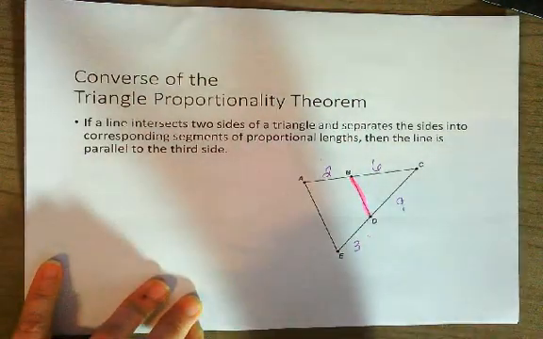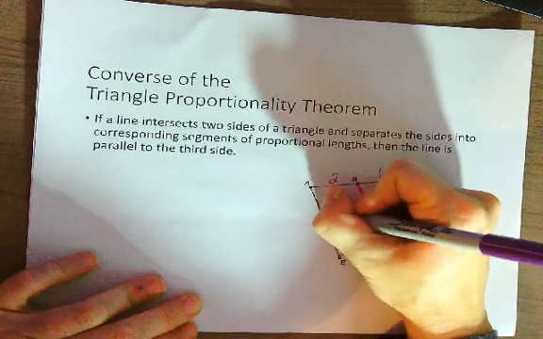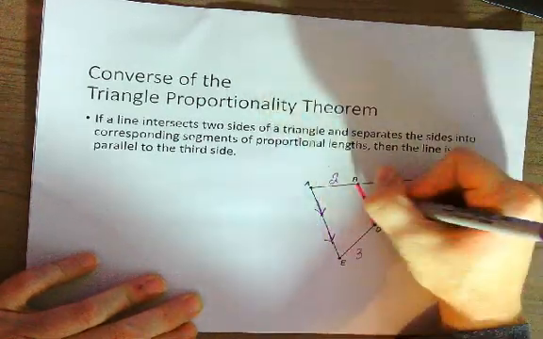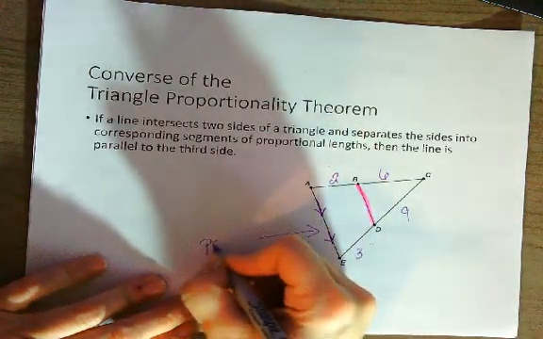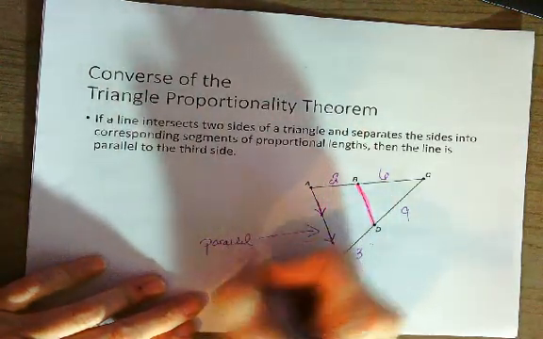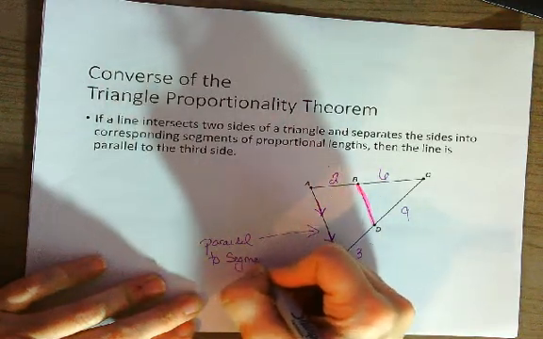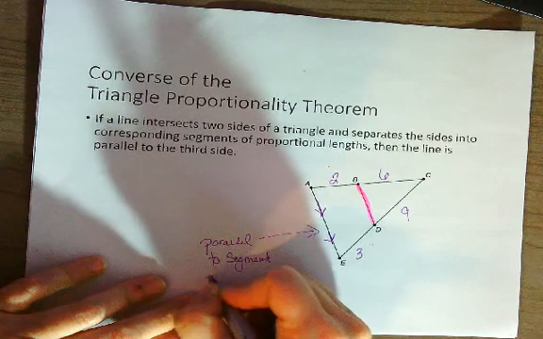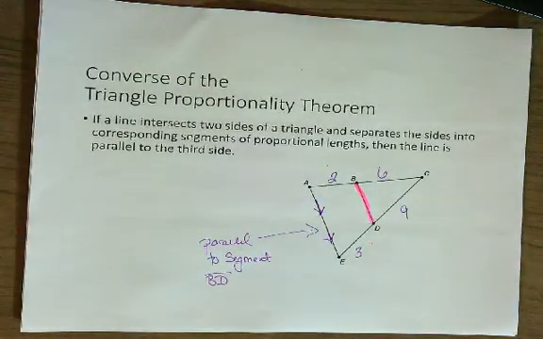Since those are all proportional, then we can conclude that this last side is parallel to the segment BD.